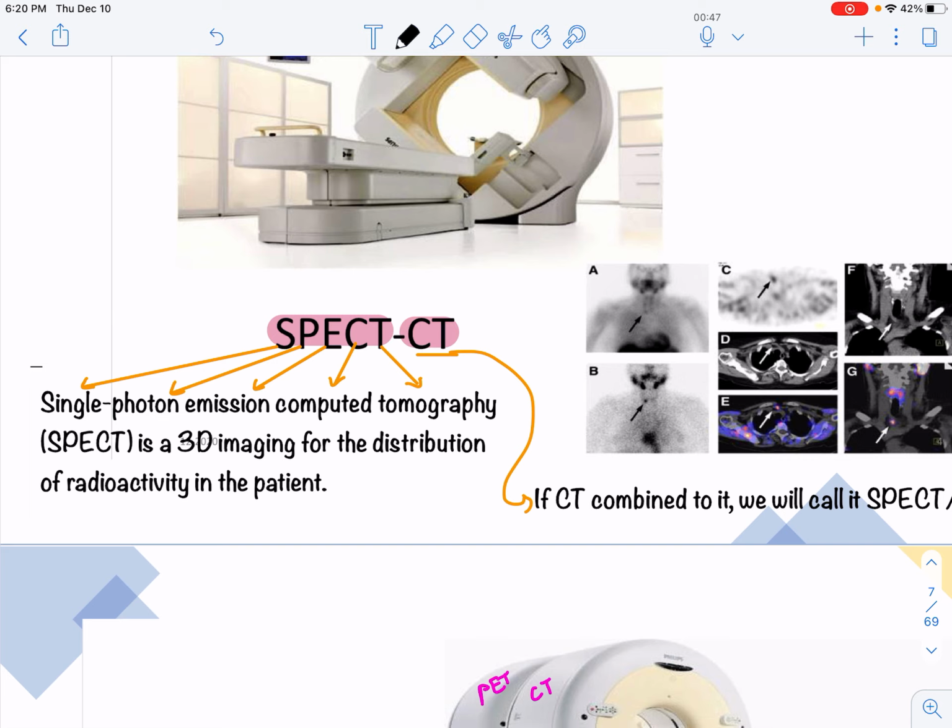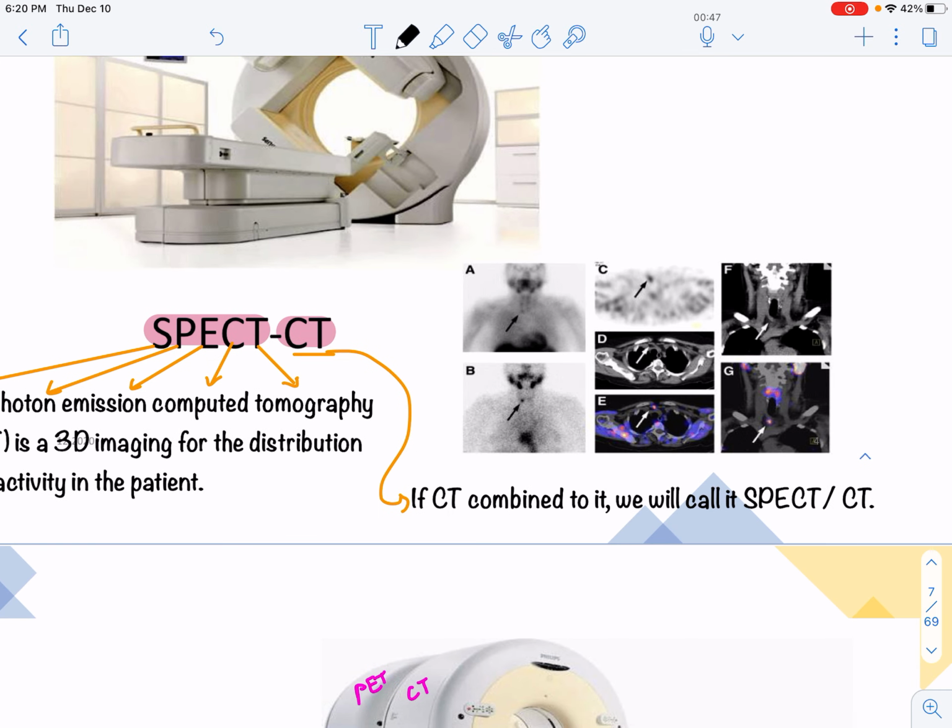SPECT CT اختصارها Single Photon Emission Computed Tomography 3D Imaging زي ما قلنا، وإنه لو صار لها combine مع الCT حتصير اسمها SPECT CT. مثلا هذا another example، هذه هنا lesion عندنا.